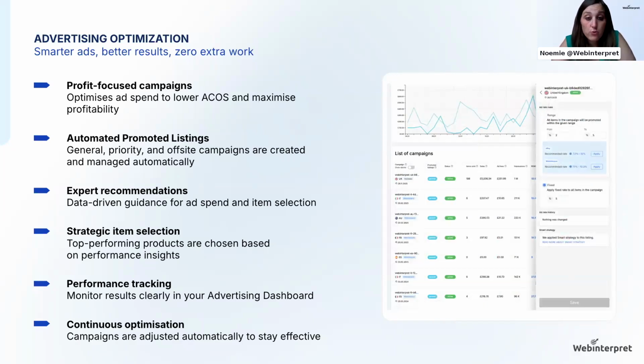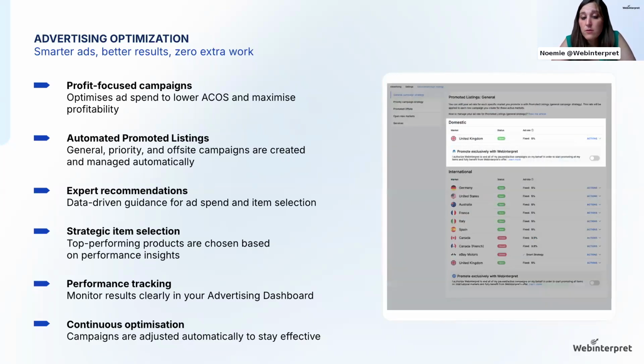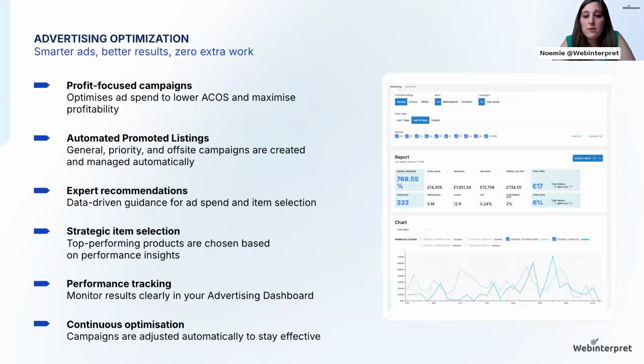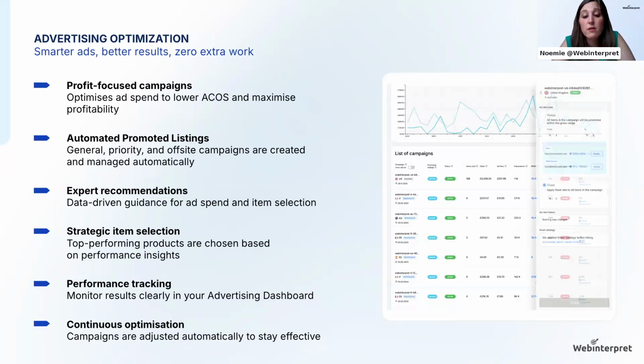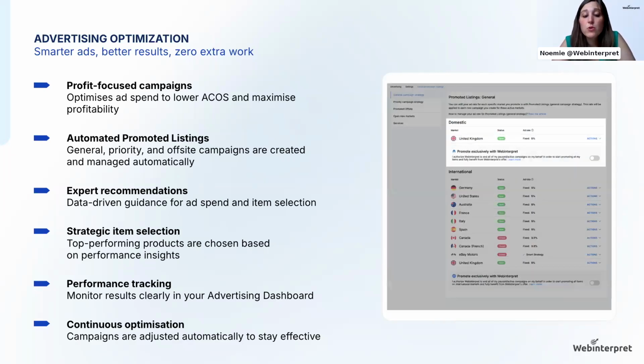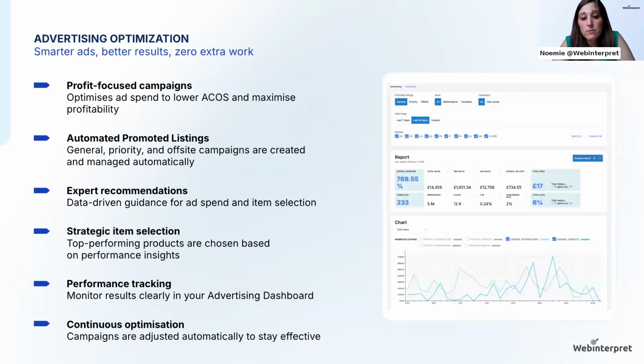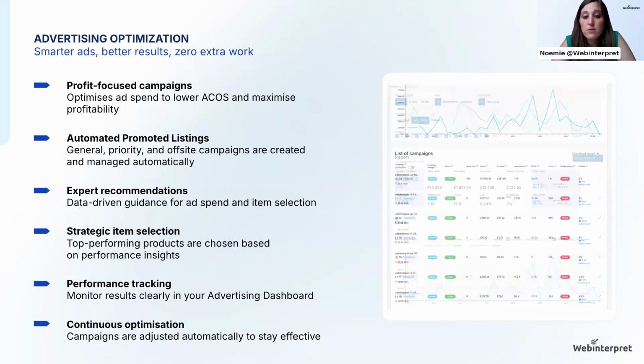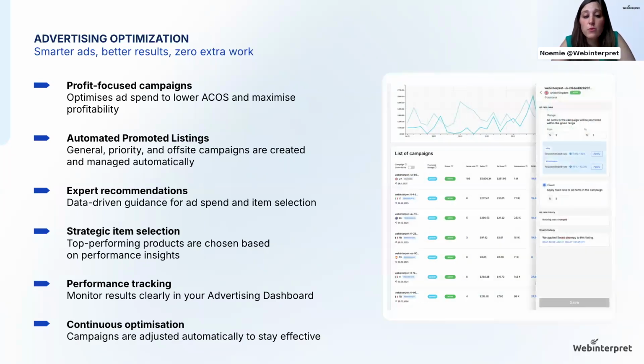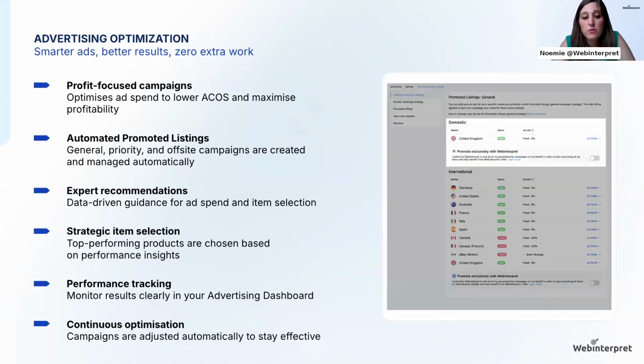We are going also to adjust campaigns on an ongoing basis to stay effective, depending on the market, the competition, and the seasonality as well. And of course, you will also get data-driven guidance on the ad spend for you to stay in the loop and keep insights from us.